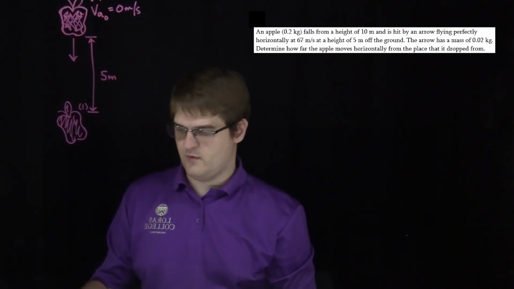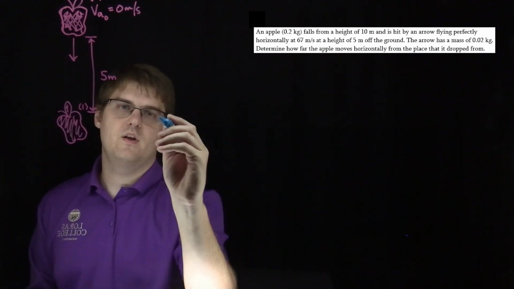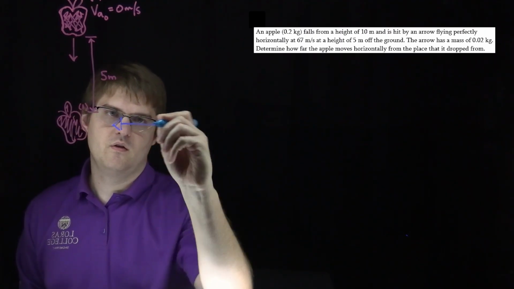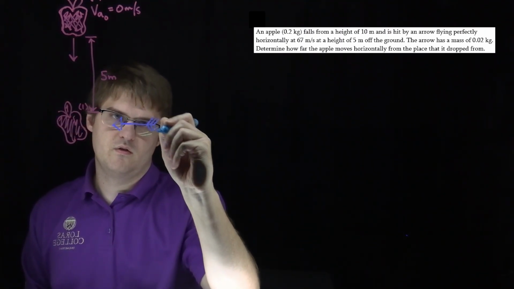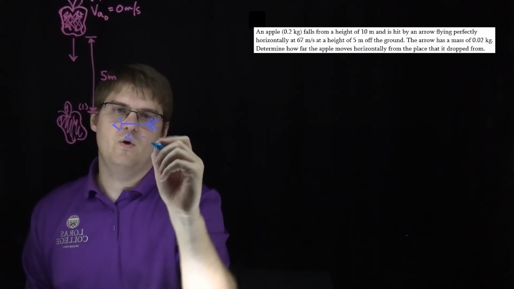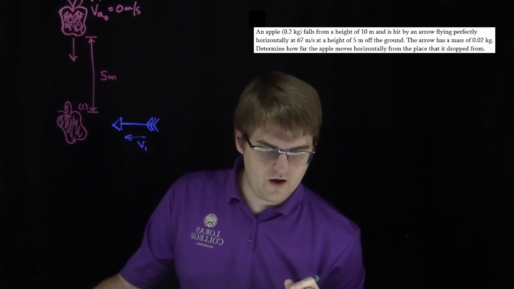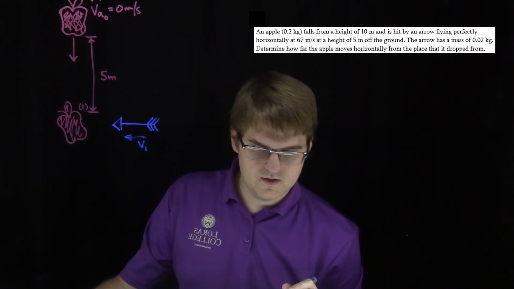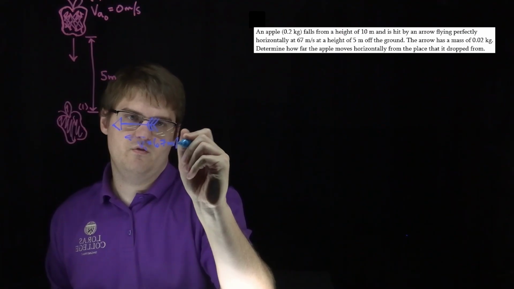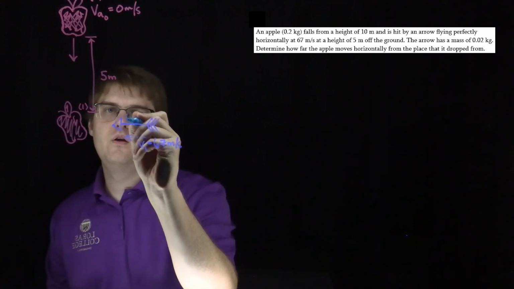Right before the arrow hits it, that arrow is moving, coming in and hitting it, perfectly horizontally with a velocity right before it hits of 67 meters per second. And that is also at time 1.